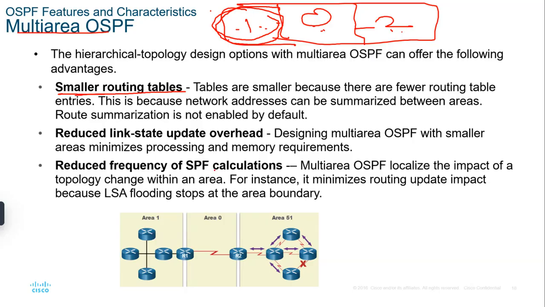You can imagine, if there are 100 routers, each router has to process the link state information about 99 routers.